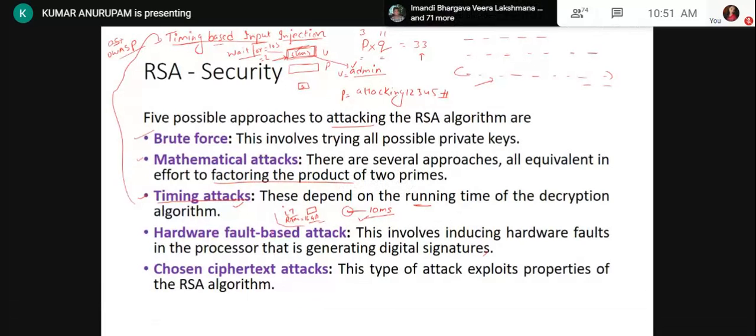Next one is hardware fault. This is very simple. If there is some fault in the hardware which is creating some problem, for example, any hardware which is used for generating digital signatures, then that fault can be leveraged for attacking or for getting the plain text from the ciphertext. Although this is not in much detail, this is how simply it works.